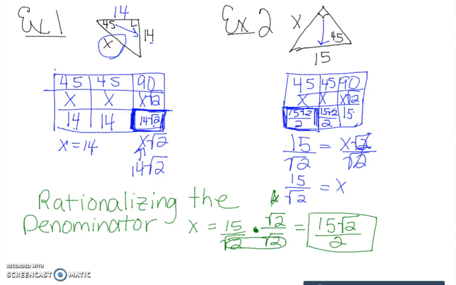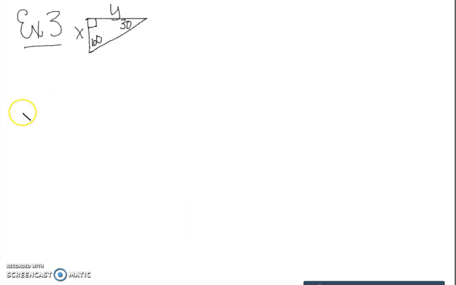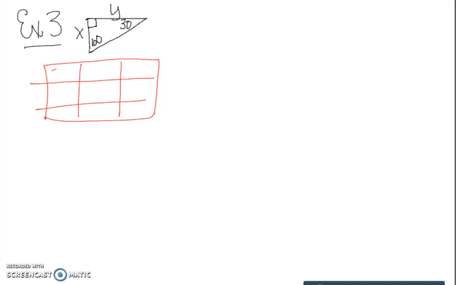Okay, now for more examples. Example 3, we have a 30, 60, 90 triangle, and so I'm going to draw my graphic organizer, my 3 by 3. First line is going to be 30, 60, 90. My second line is going to be the angle-side relationships.